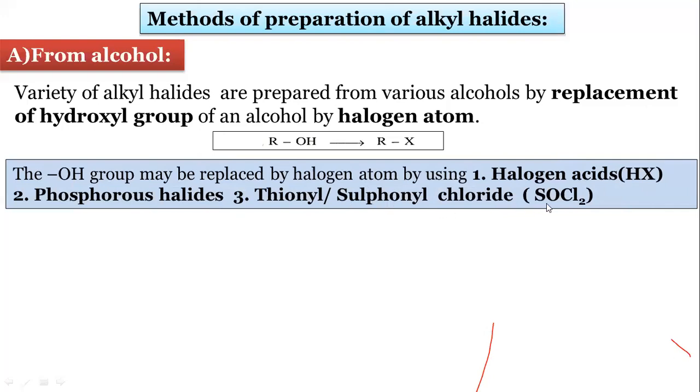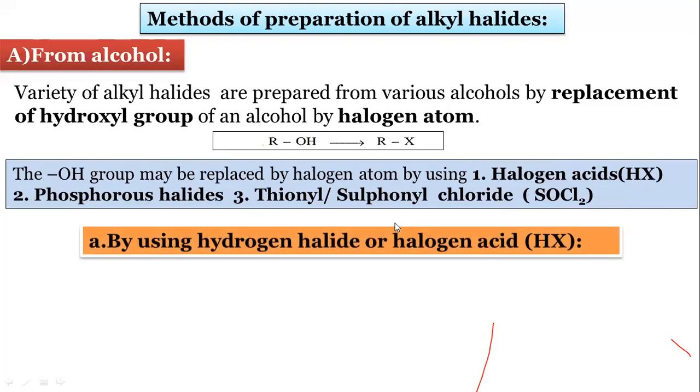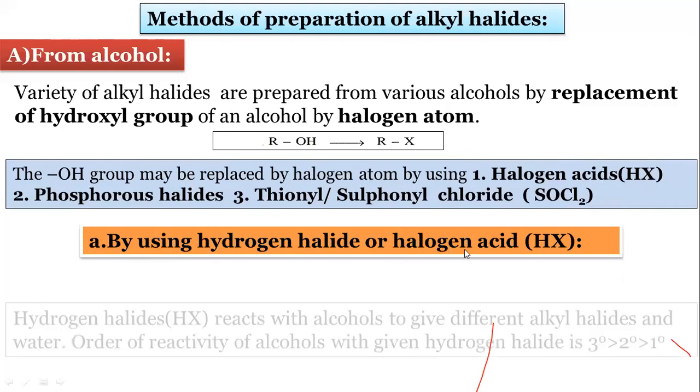There are 3 reactions: by using halogen acids HX, by using phosphorus halides, and by using thionyl chloride, SOCl2. First one we will discuss is by using hydrogen halide or halogen acid HX.